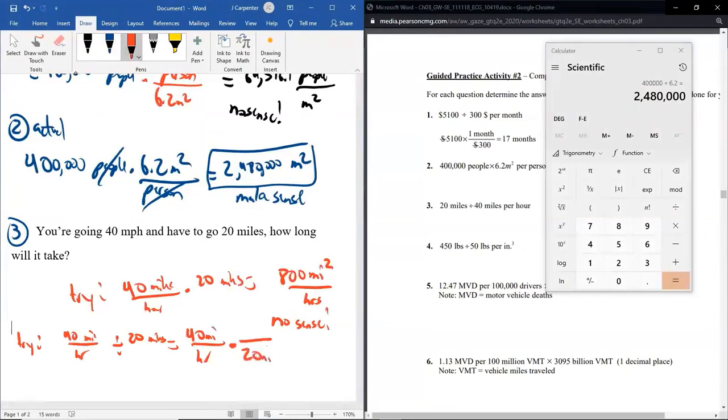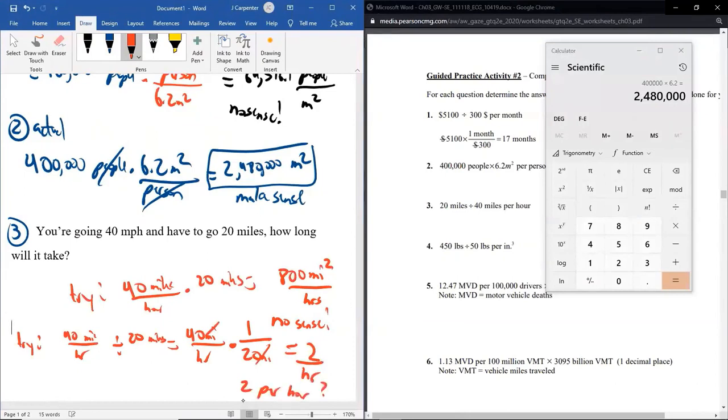There was nothing in the bottom originally, which means there's a 1 there, which means there's now a 1 in the top. Okay, well, the 40 divided by the 20 in this instance is a 2. The miles do cancel, but look at where the hours are. They're in the bottom, so it's 2 over hours, which means it's 2 per hour.